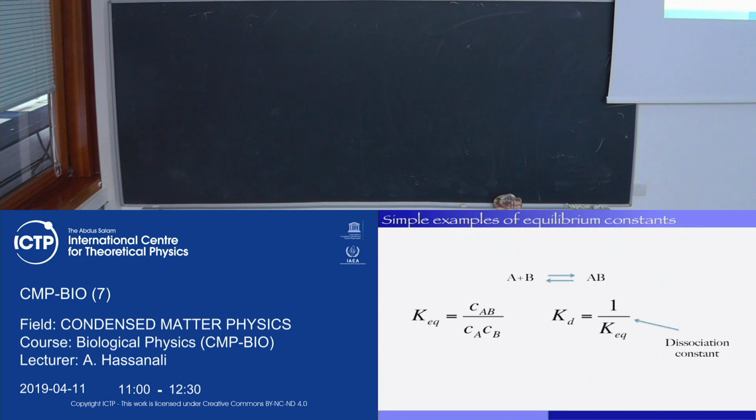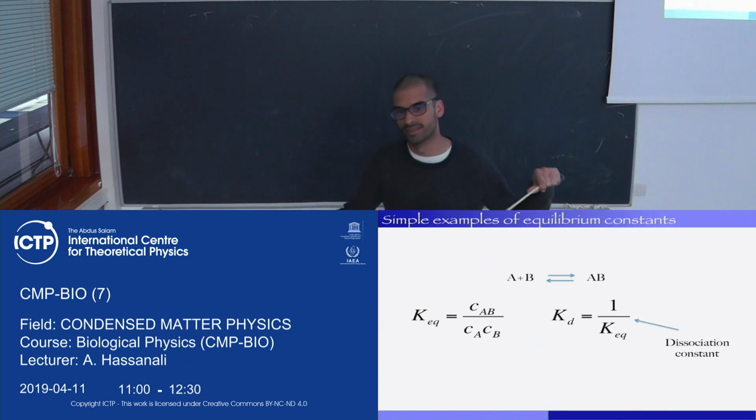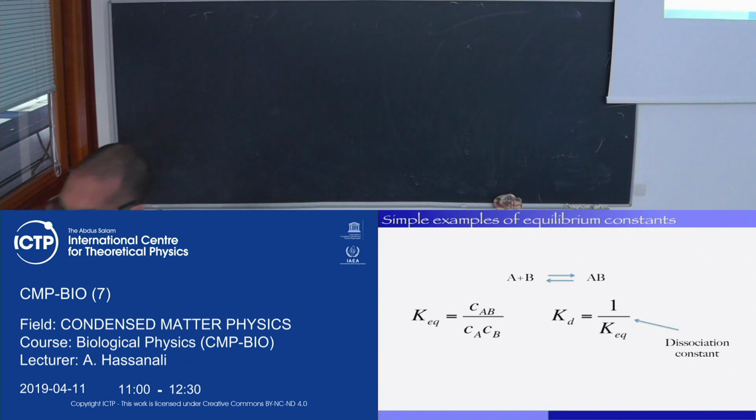The equilibrium constant tells me what the relative concentration of being in this species versus that species, this state versus that state. So in physics, we know that this is related to a Boltzmann factor. What the chemists and the experimentalists like to think about is ratios of concentrations. But they're the same thing.